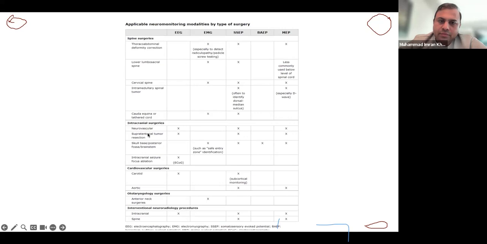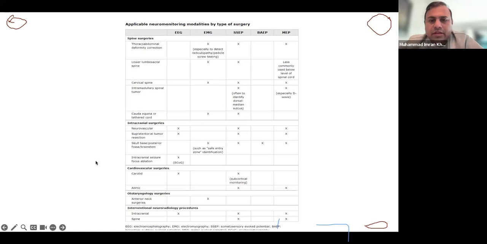However, whenever we are doing these surgeries and we are going to do motor evoked potential, we talk with the neuromonitoring specialist, and I would say 99% of the time they say that you can use your induction dose of muscle relaxant, and by the time they're actually going to start the surgery, the patient would be reversed by then.